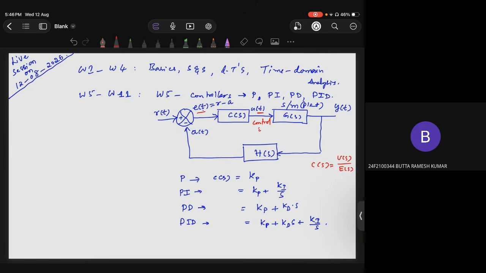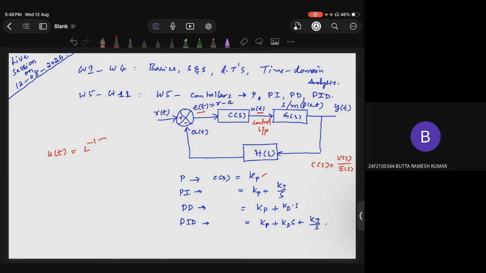So what will be the C of S for a proportional controller? It will be KP, a constant. So in the first case, U of S by E of S is equal to KP. What will be your u of t?